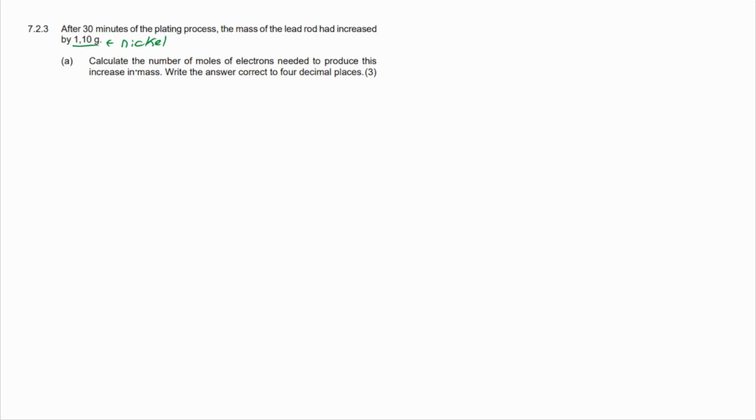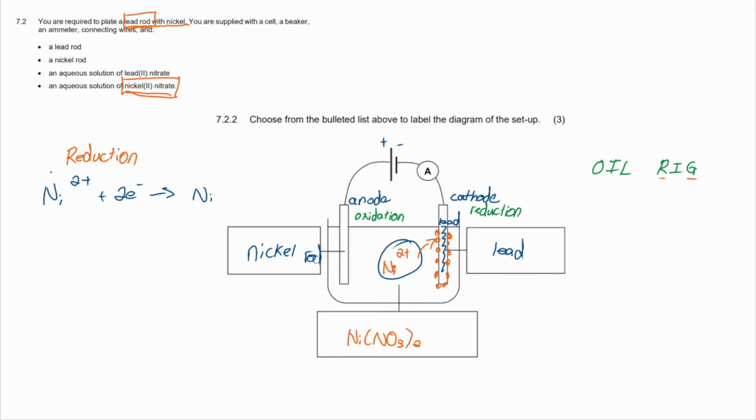So what we're going to have to do is, they say the number of moles of electrons, so we're going to have to use a mole ratio. Because we can find the moles of nickel, and then we're going to use a mole ratio with which equation? We're going to use a mole ratio with this one. Because we know the mass of this, we can work out the moles of this, so then we can use a mole ratio to work out the moles of electrons.